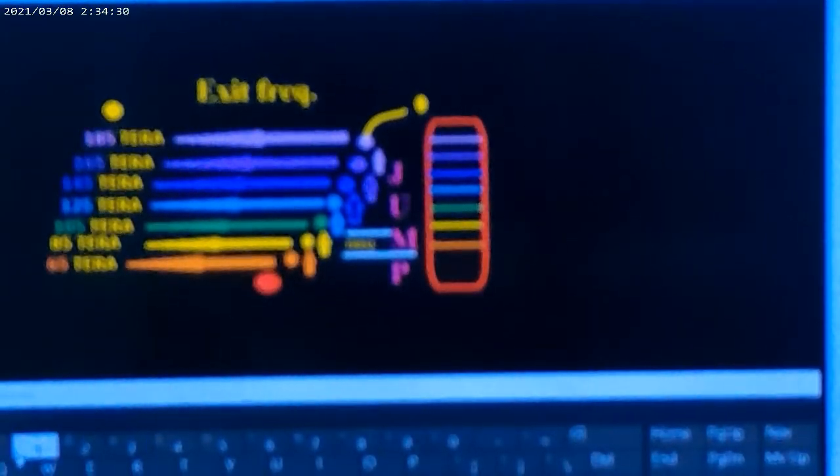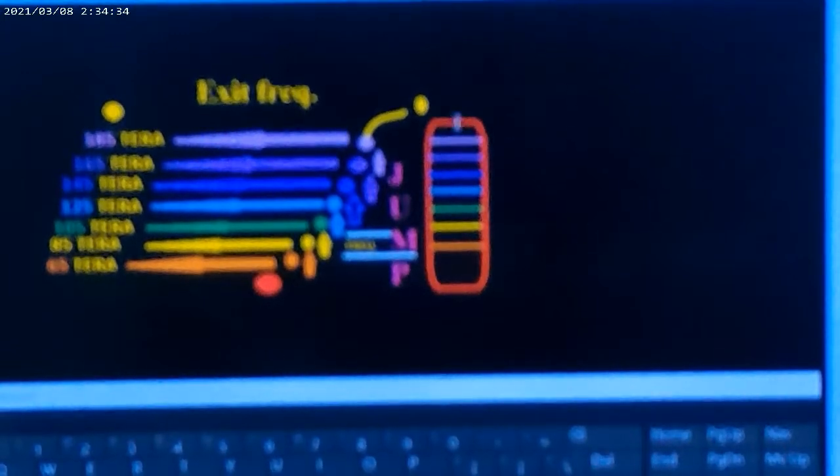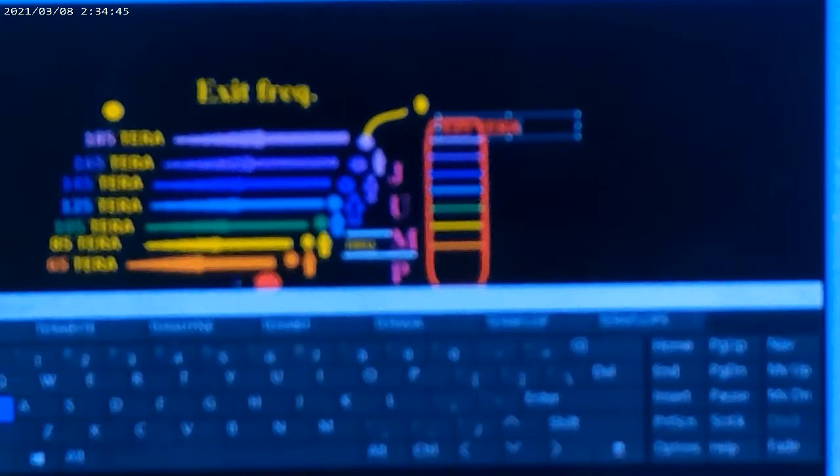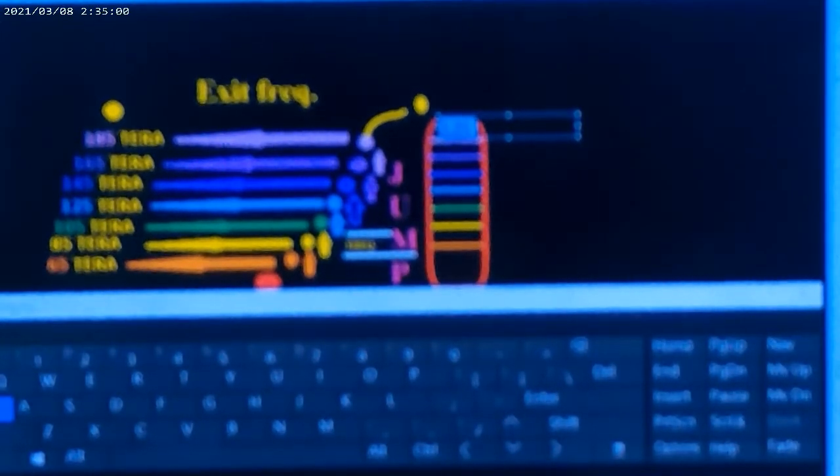All right, so we're gonna go with the text now, and the first one is 125 terahertz. It looks like it's not enough space, so I'm gonna delete the tera part and just make it an appropriate size to fit.